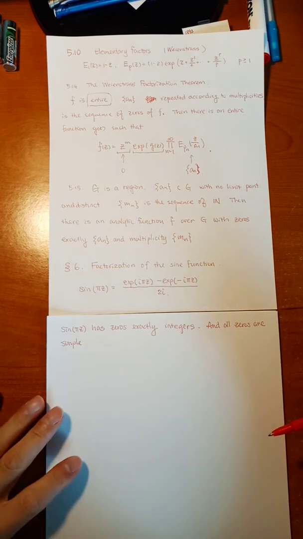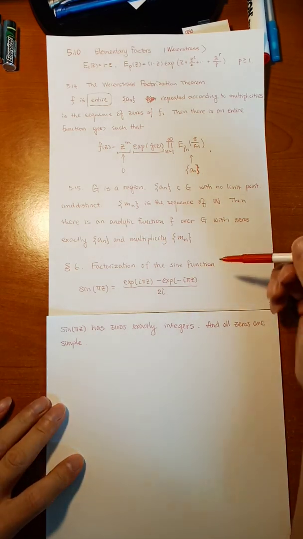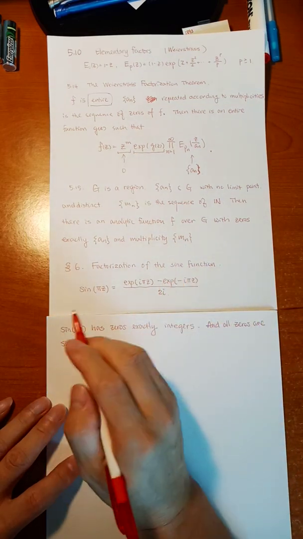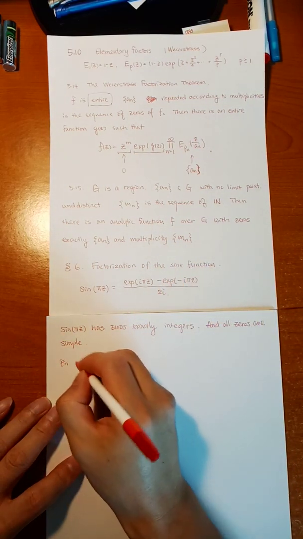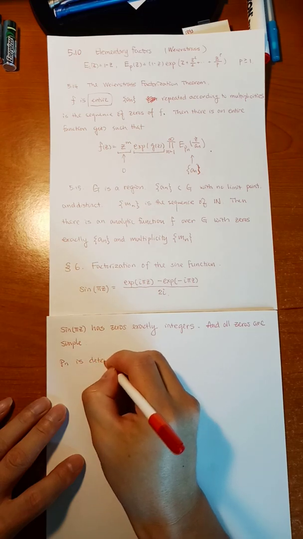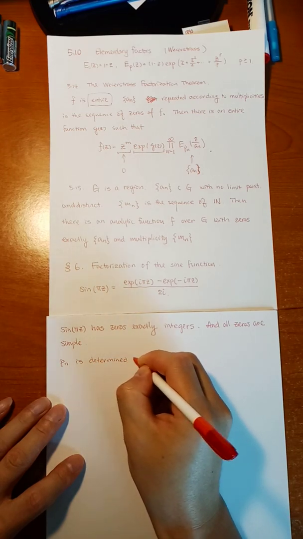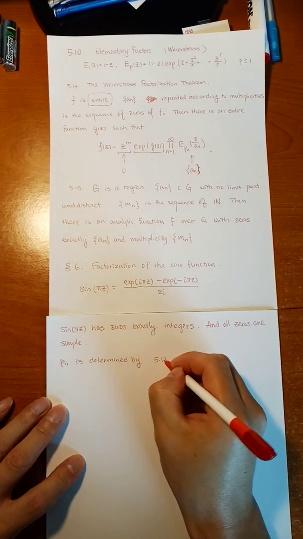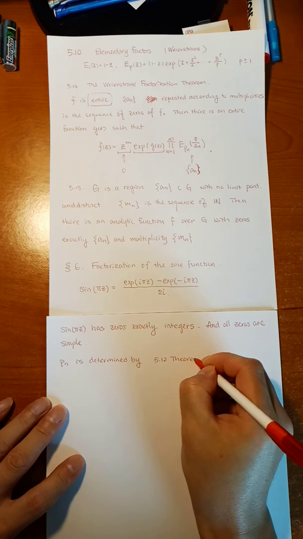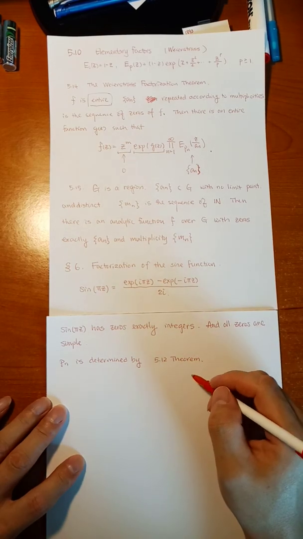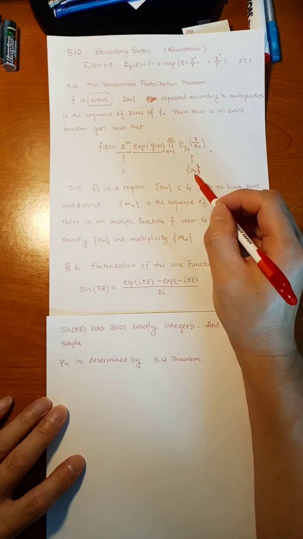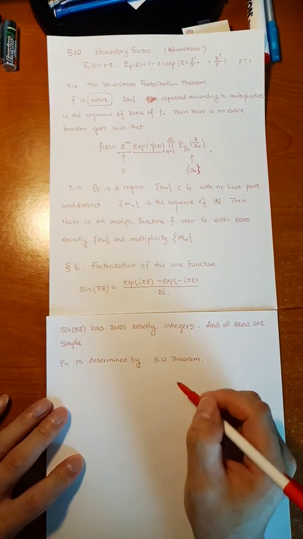In the factorization theorem, we need a sequence p_n. p_n is determined by Theorem 5.12, and is used to make the infinite product convergent. So p_n has a condition.